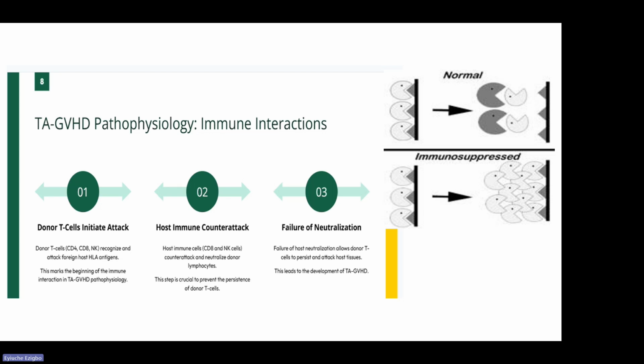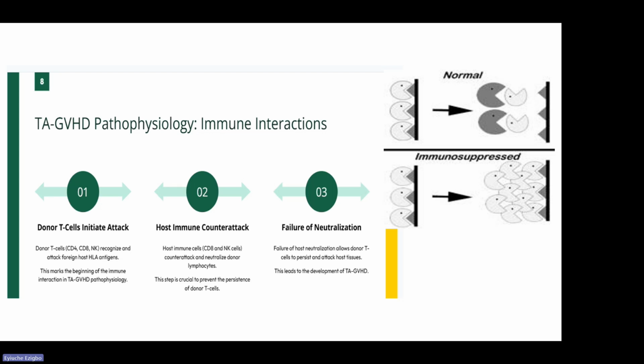But when you look at this other process, for example if the patient is immunosuppressed, there's an initial attack, and you can see the cells attacking the tissues of the body again. But here, there was no immune response. The body did not respond to counterattack this immunological reaction that is going on. So it continues to mount up until it destroys this tissue, resulting in graft versus host disease.